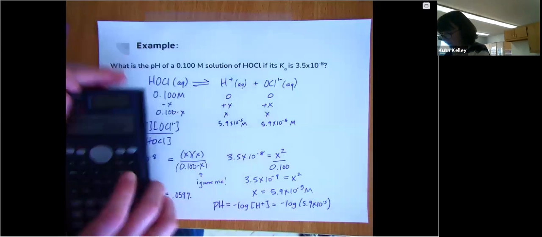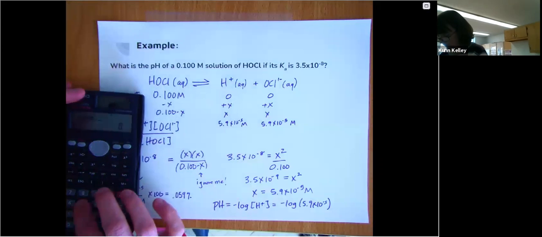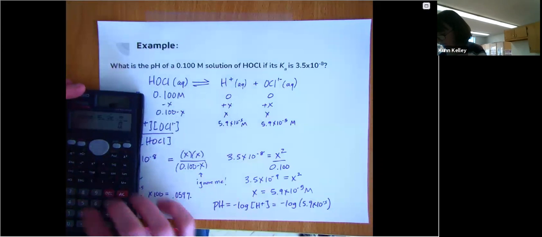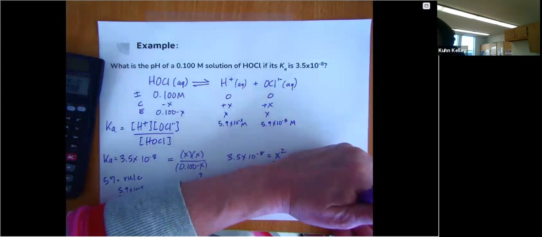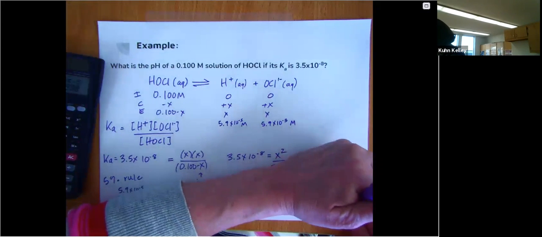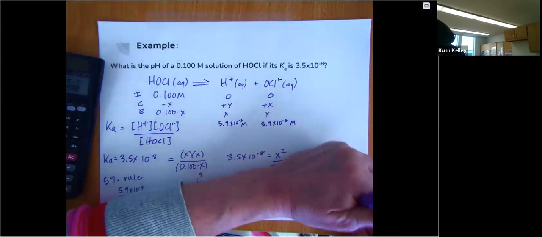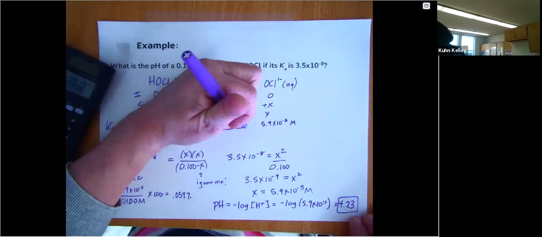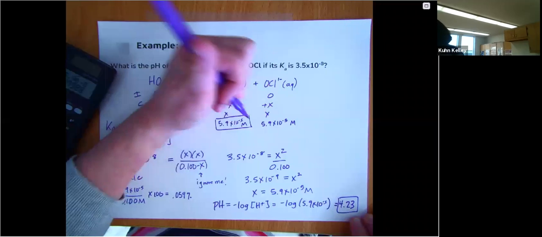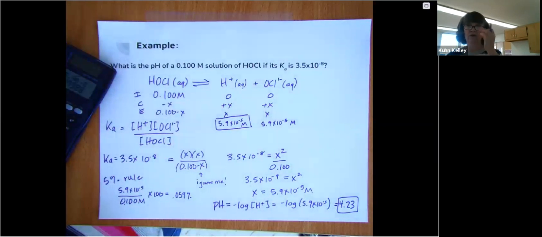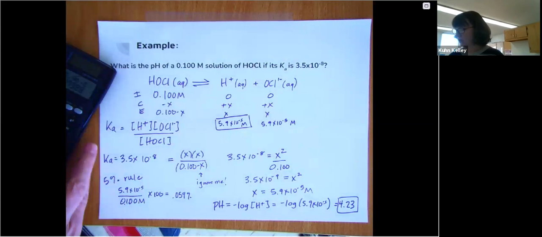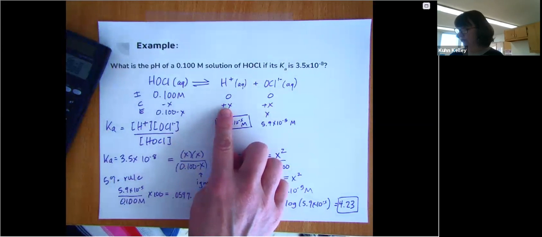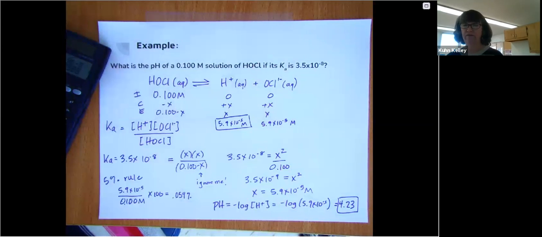If I take the negative log of that number, I get that my pH is equal to 4.23. And that is how you use the Ka to get to the pH. When you are using a Ka to get to the pH, your X will almost always be your hydrogen concentration. So once you've solved for X, you just take the negative log of that to get your pH.